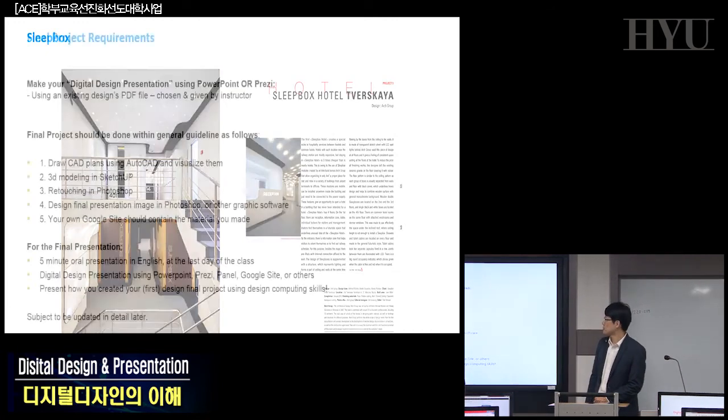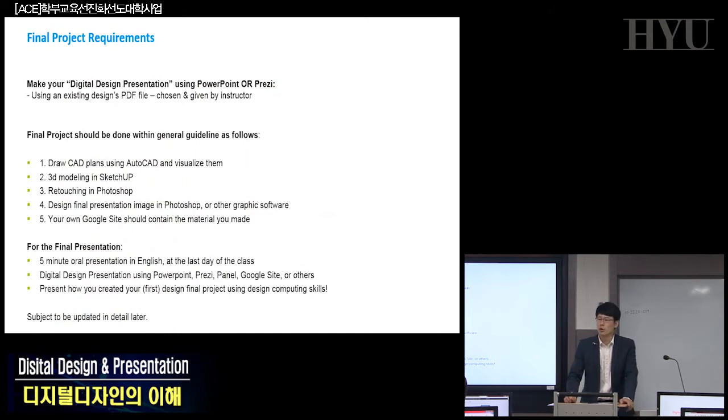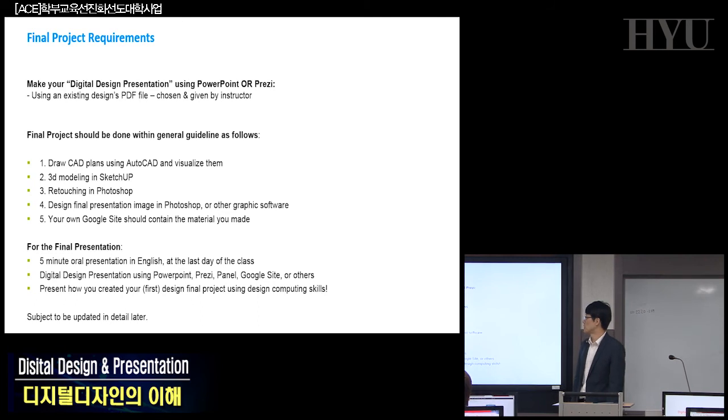Anyway, here I list the final project requirements I showed you before. The main requirement is to make your digital design presentation using PowerPoint or Prezi. The problem is how to make your content, not only text, but also a number of visualizations, additional representations.